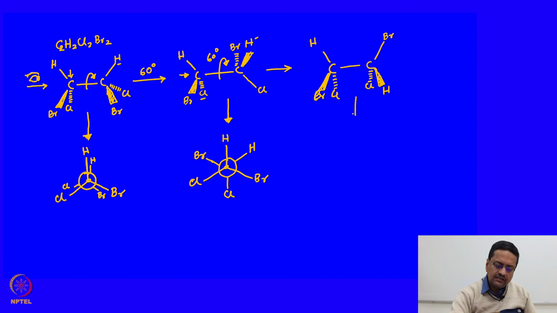So, when we draw the Newman projection for this, what we see on the front carbon, the situation has not changed.